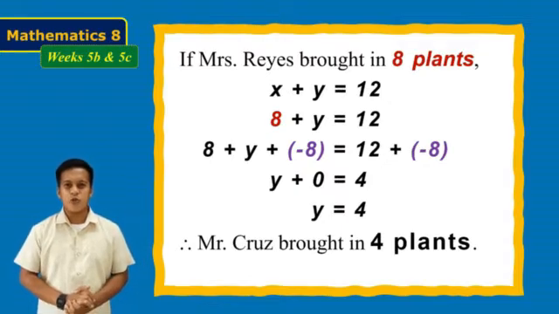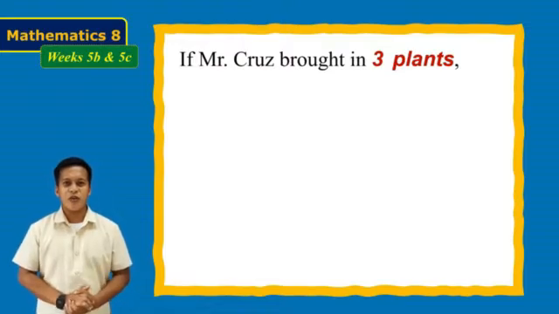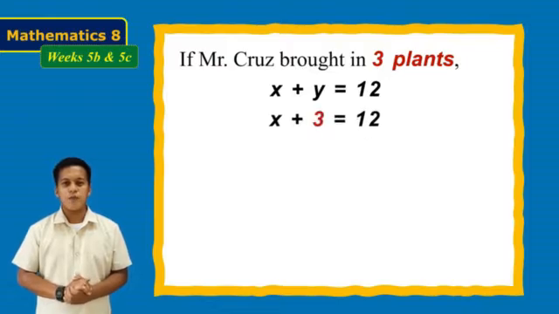What if Mr. Cruz brought in 3 plants? How many did Mrs. Reyes bring? Using the equation X plus Y equals 12, substituting Y in the equation, Y will become 3, resulting to X plus 3 equals 12.